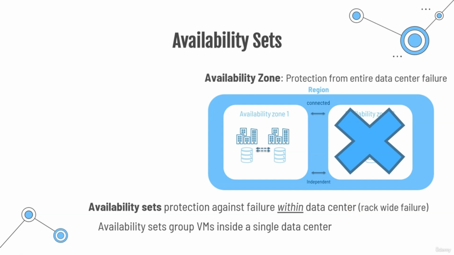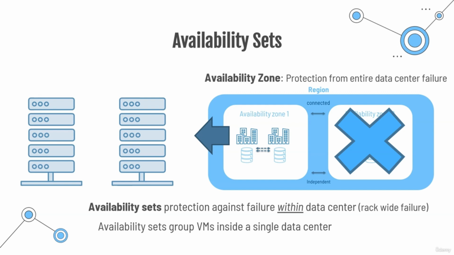Now, what does that mean? Let's have a closer look inside our data center. In a data center, if we create a virtual machine, they will be, of course, in a physical location somewhere in our data center. So we have our server racks, and there are multiple servers, and we can create these virtual machines in these servers somewhere in our data center.